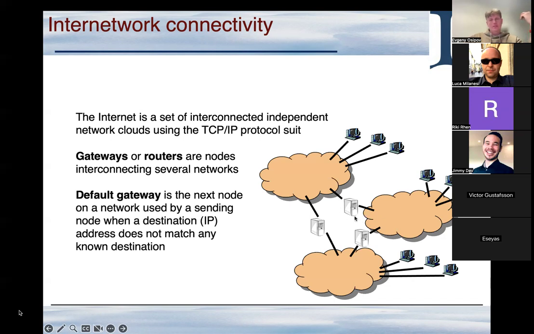These help connect different islands or different local area networks. And normally there is one special router with a special purpose. It's the very first router the information meets on the way from your computer to the destination. Normally this router is referred to as the default gateway.